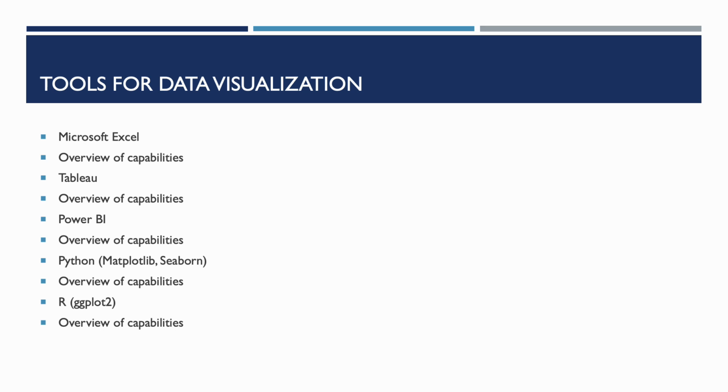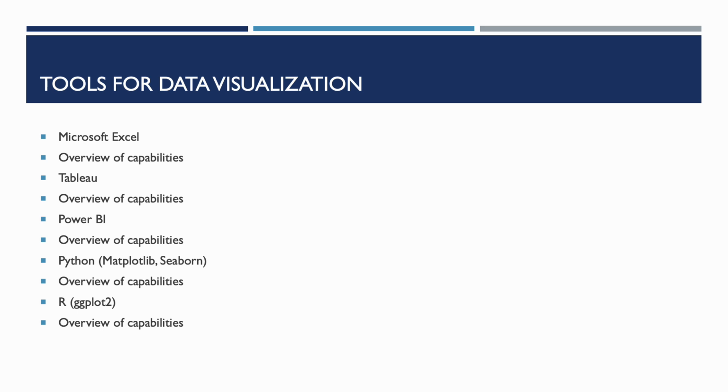Matplotlib offers a broad range of static, animated, and interactive plots, while Seaborn provides a high-level interface for drawing attractive and informative statistical graphics. Python is highly customizable, so it is often used in conjunction with data analysis tasks.